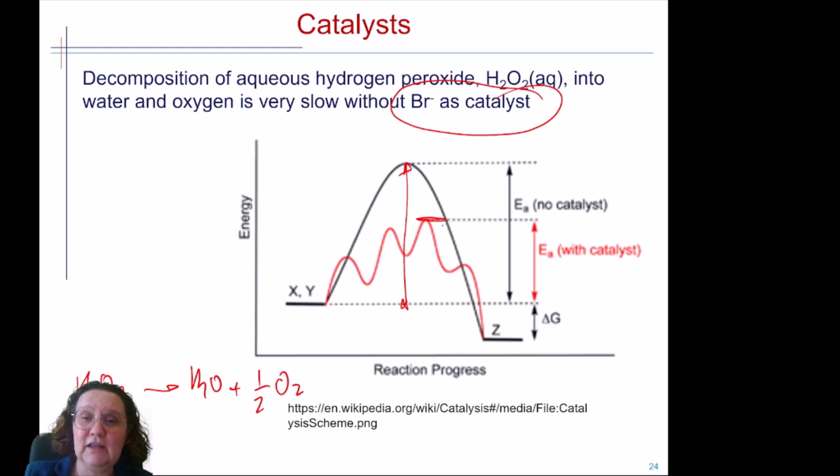With the catalyst, the activation energy to get the activated reagents is much lower. So the reaction happens faster. And that's what you want when you use a catalyst. You're not changing the thermodynamics, whether the reaction is spontaneous or not spontaneous, exothermic or endothermic, it is what it is. You're changing how fast it's going to happen.